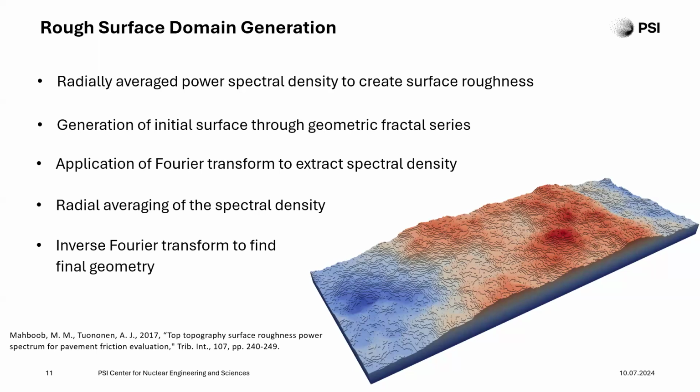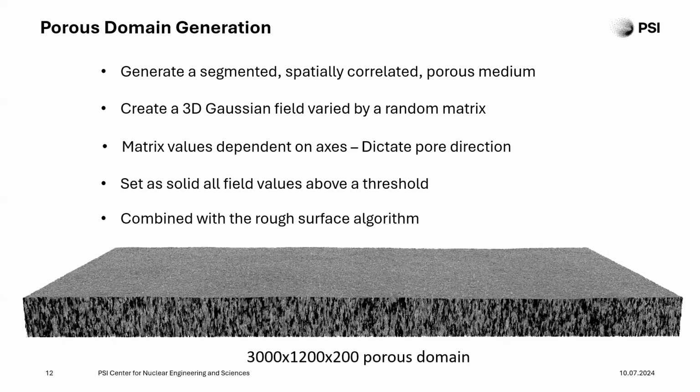This is combined with a porous domain generation, where you use a 3D Gaussian field. Its values we can manipulate according to direction, and we can then set a threshold under which all values are set solid. So you've got the creation of these kinds of domains. In this case, we have chosen the direction to be primarily along the height, so as to more closely simulate the steam chimneys.